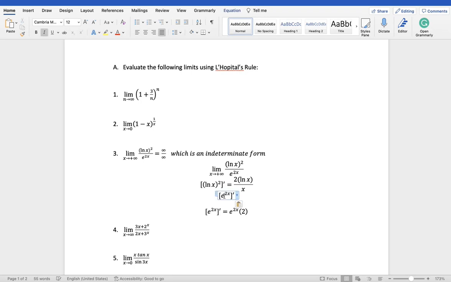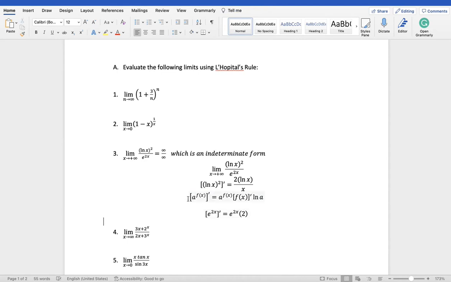If you have some function a, where a is a constant, to the exponent f of x, a function in x, and you're trying to find the derivative of that, it's equal to, again, you rewrite first the expression, meaning a to the f of x, multiplied by the derivative of the exponent, which in our case is f of x, and then multiplied by ln of a.